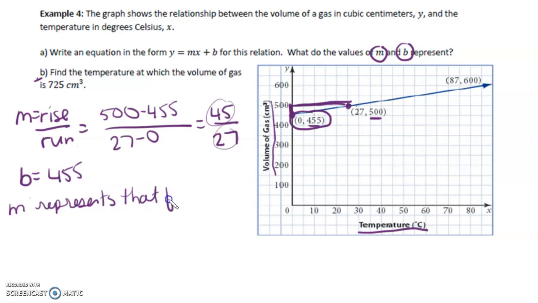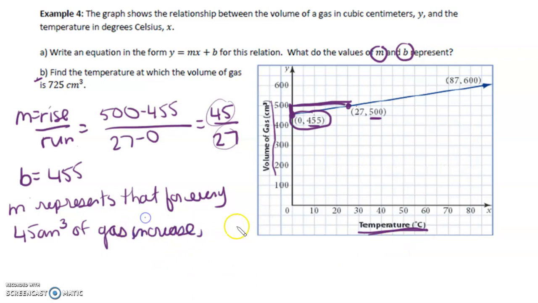Okay, that for every 45 centimeters cubed of gas increase, because it's positive, there is a 27 degrees Celsius increase in temperature.